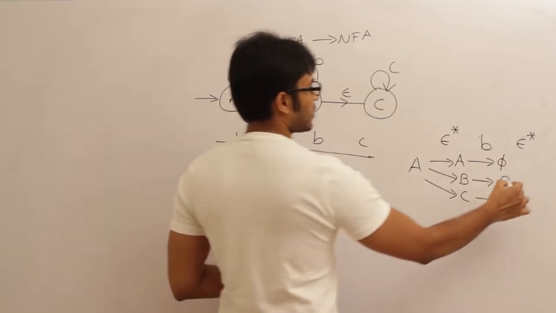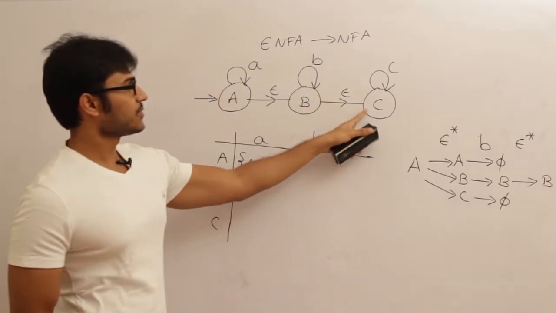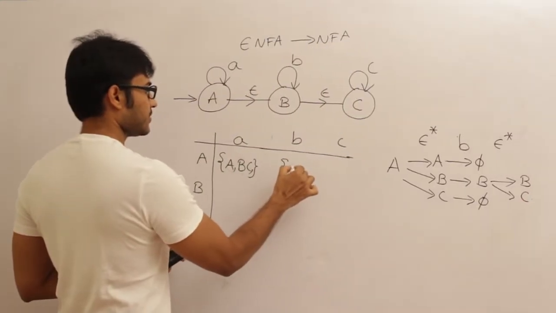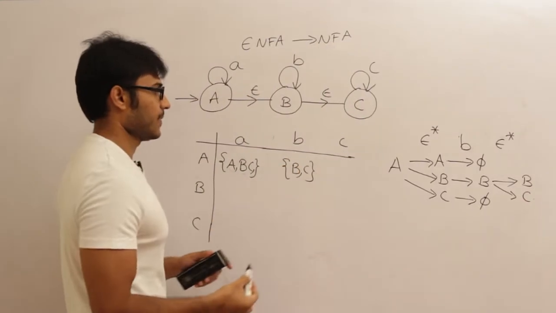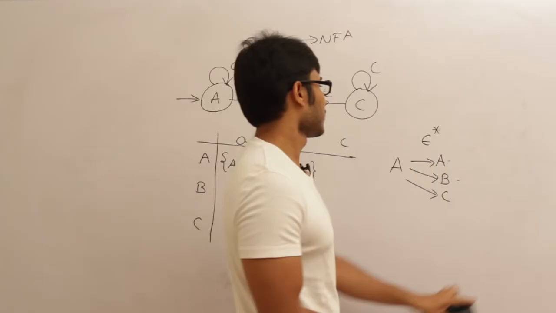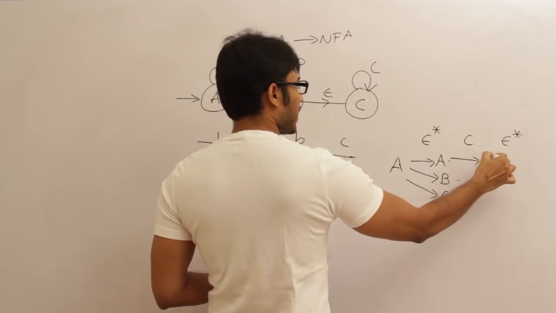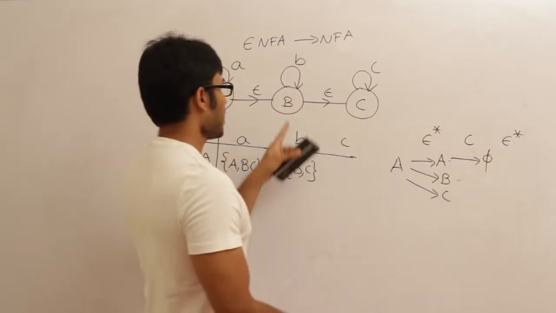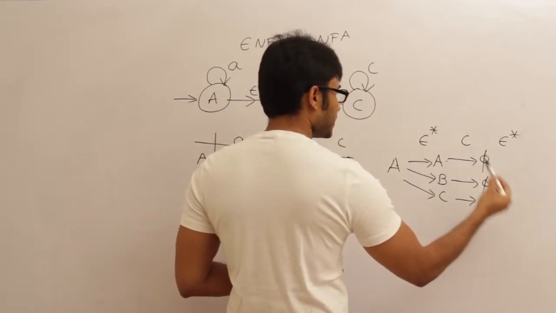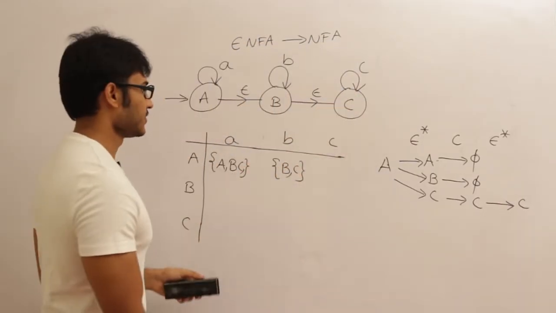Capital B on epsilon goes to C. Therefore here I am going to write it as B comma C. Fine. And now what happens on c? Capital A on c is going to phi, because capital A doesn't have any move on c, and capital B doesn't have any move on c, it is phi, and capital C on c is going to capital C itself, and epsilon closure of capital C is capital C. See, this is capital C and this is small c.